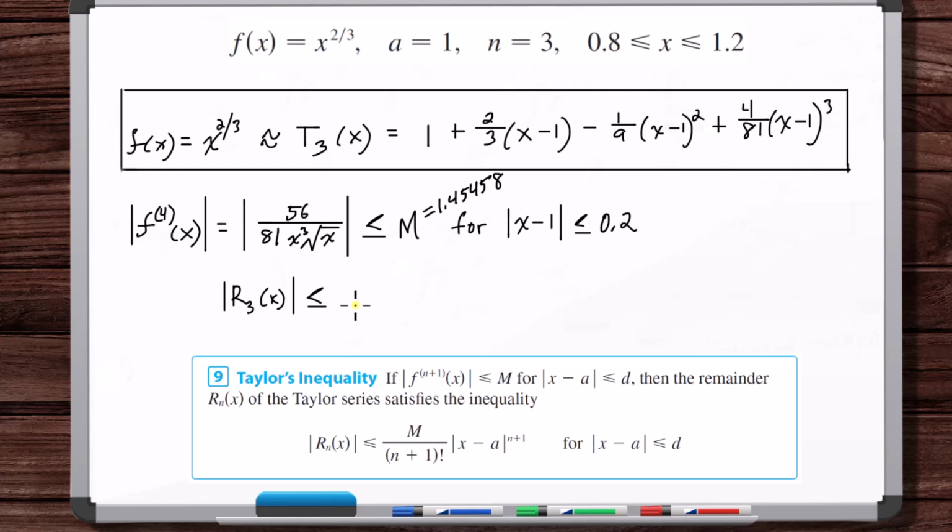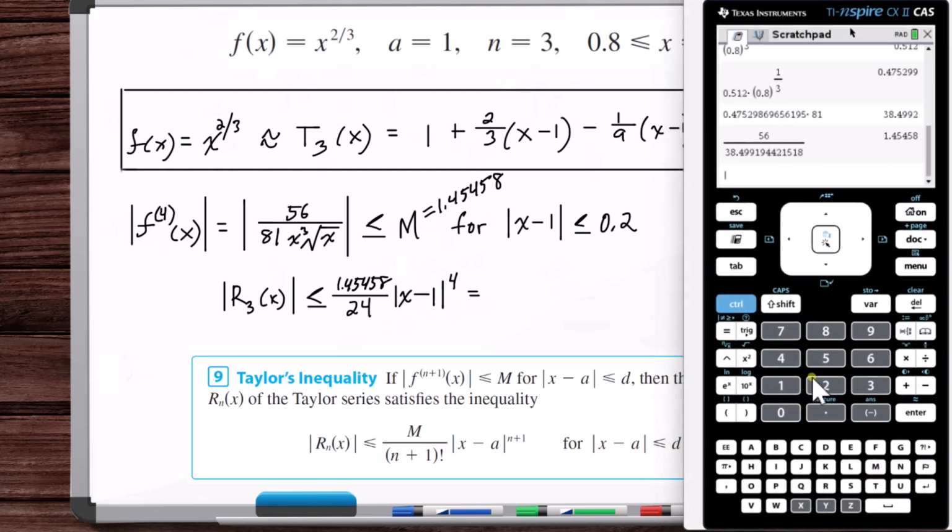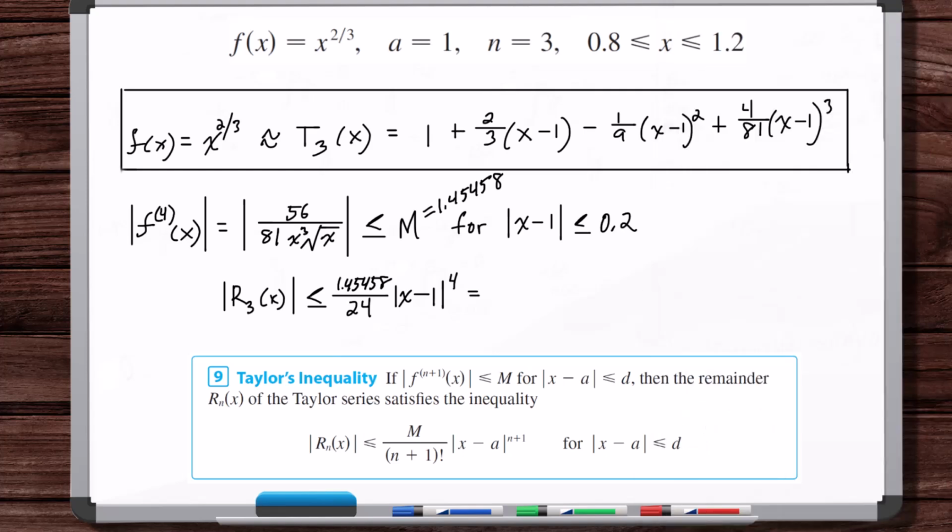So 3 plus 1 is 4 factorial. That's 24. Okay, x minus 1 to the 4th. Okay, and this is equal to that divided by 24. 0.060607.